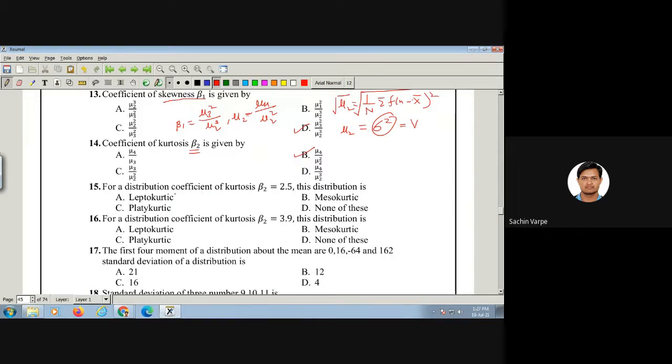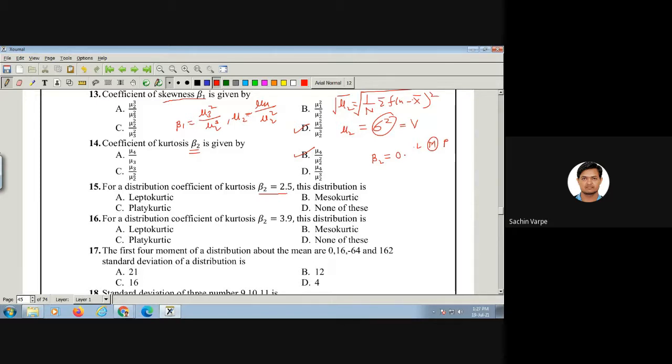For a distribution, the coefficient of kurtosis beta 2 is given to be 2.5. Then they have asked what the distribution is. So as we know, there are leptokurtic, mesokurtic and platykurtic curves. If beta 2 is equal to 3, then that will be a normal curve.